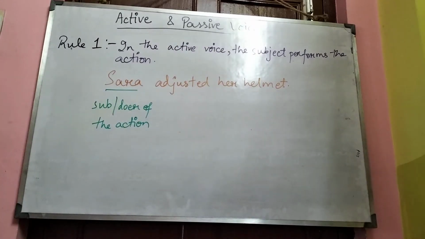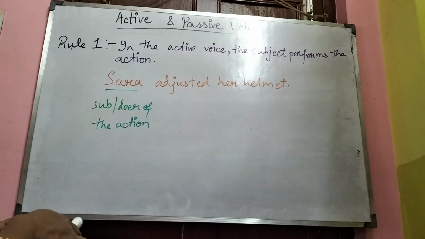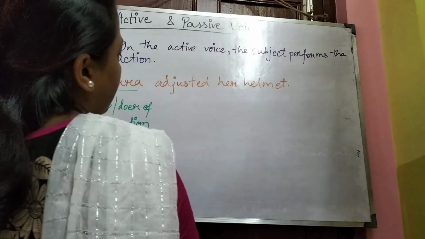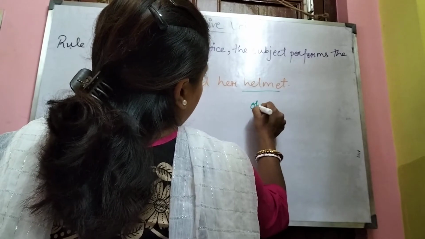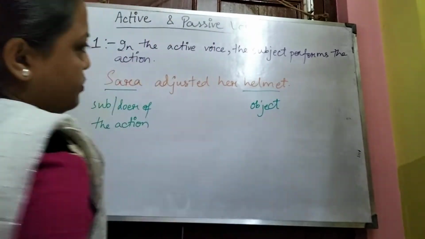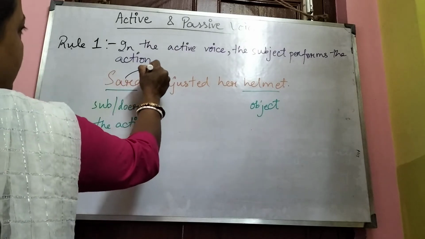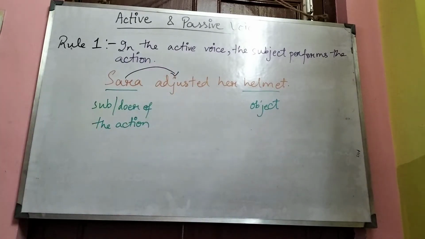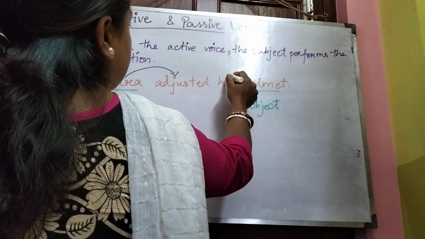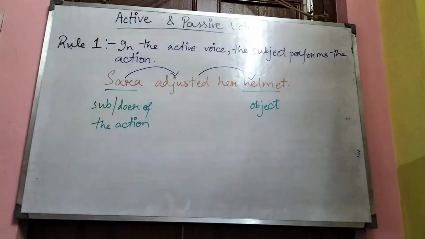And what is the object? Object is helmet. So here we can see that the subject Sarah is performing the action adjusted, and the object helmet is receiving the action.